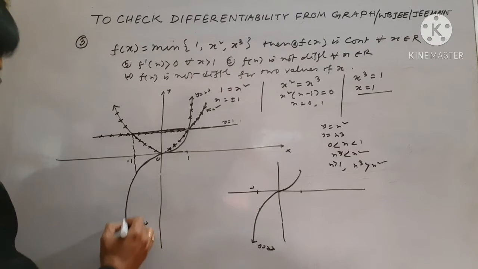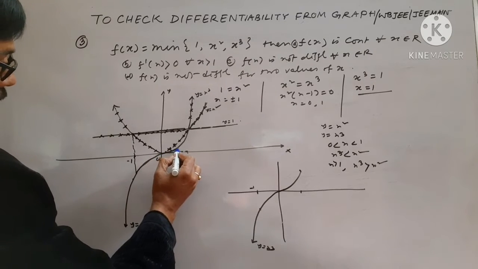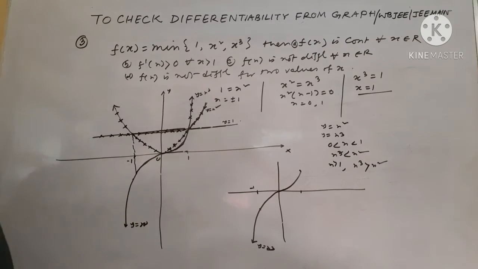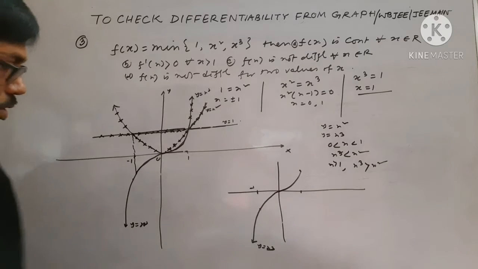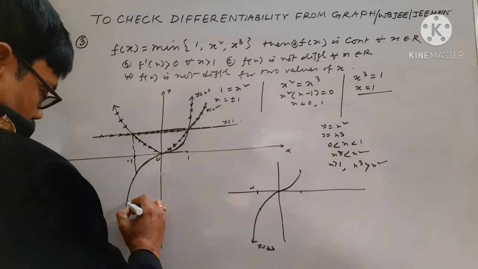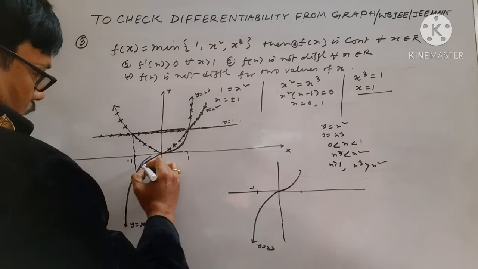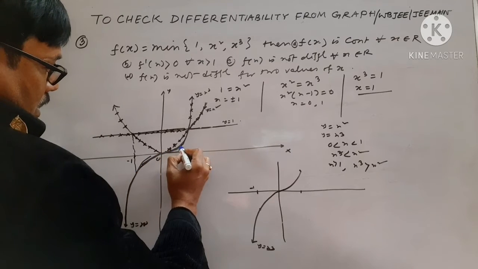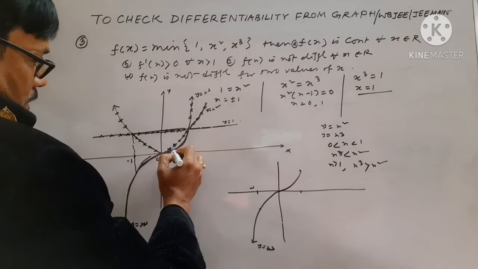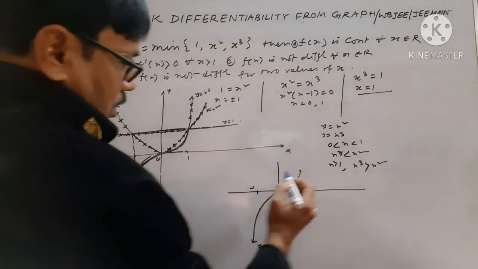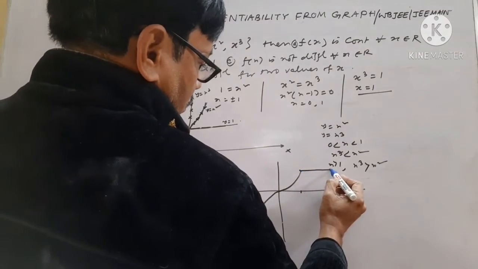So this one, y equals to x cube. This is minimum. So this is the curve y equals to x cube. This x cube is lesser than it. Then this one.